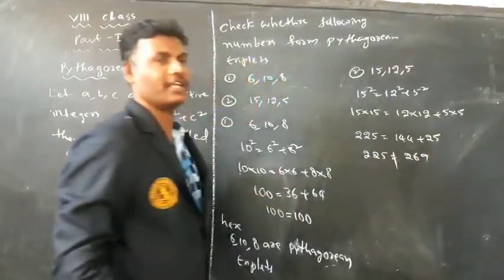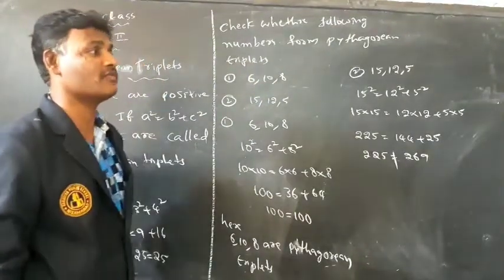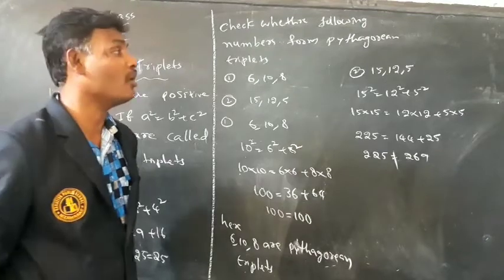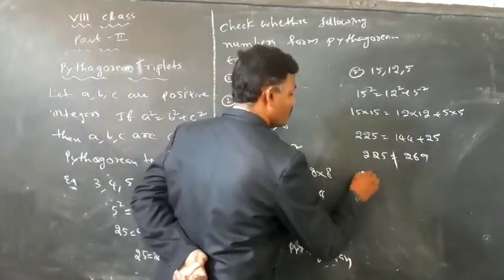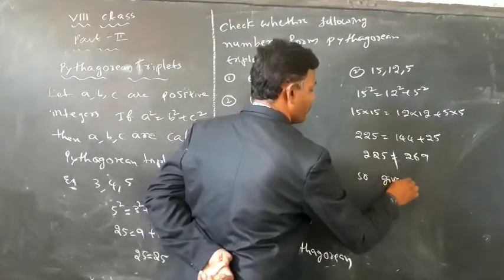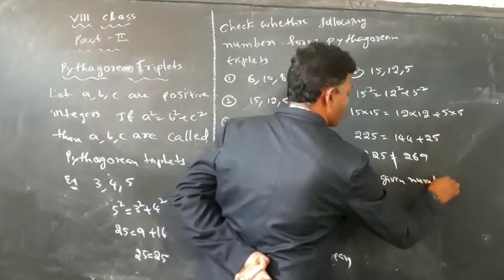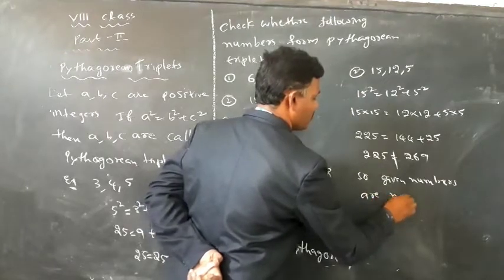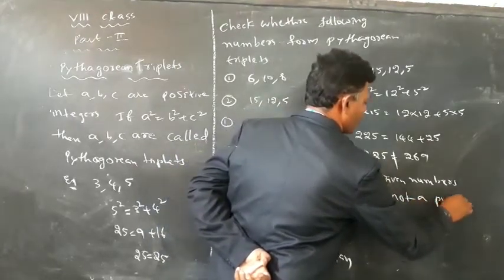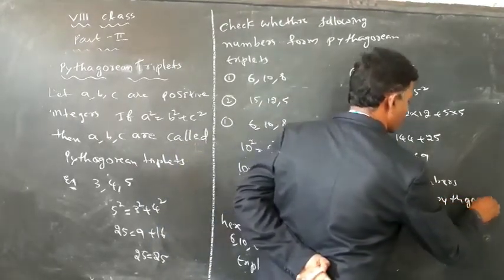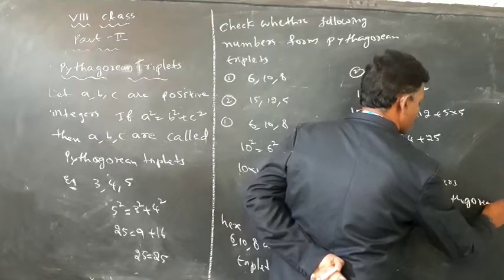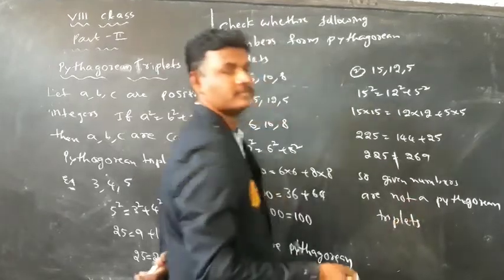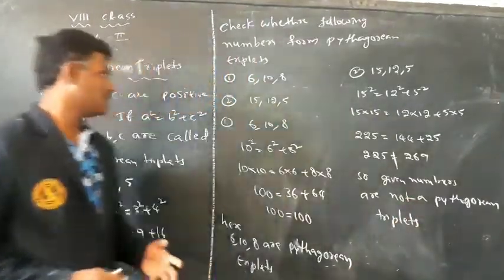These are not equal. So 15, 12, 5 do not satisfy the Pythagorean triplets rule. So the given numbers are not Pythagorean triplets.